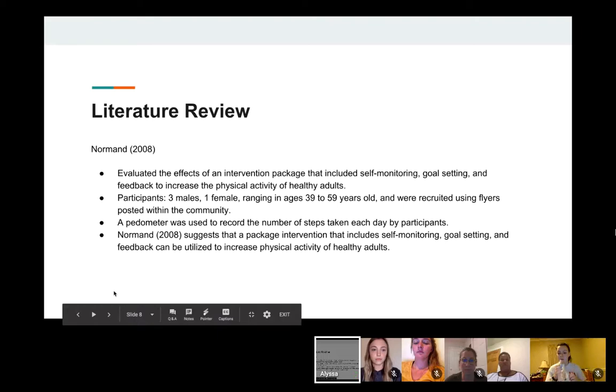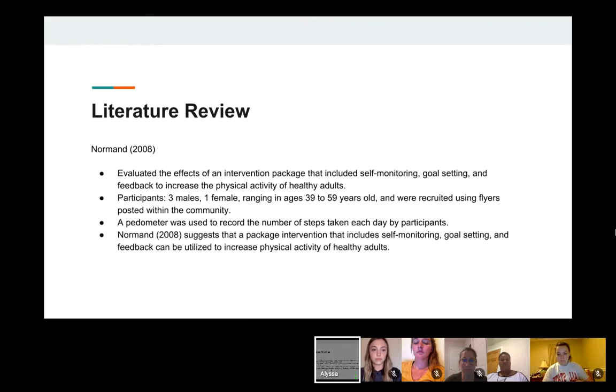So the first study that I'm going to discuss is from Matthew Norman, and he evaluated the effects of an intervention package, which also included self monitoring, goal setting, and feedback to increase physical activity. In his study, there were three males and one female.